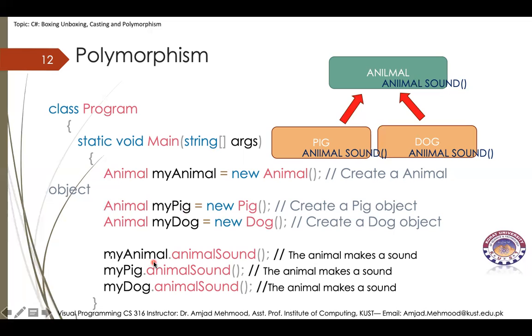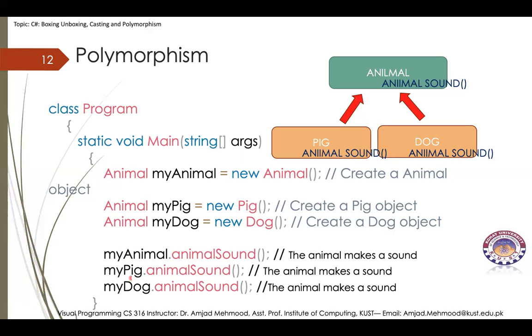This is also binding, but what I am doing is binding a parent object with a child method. This is called late binding, or overriding. You can do that through overriding. So this is called late binding.